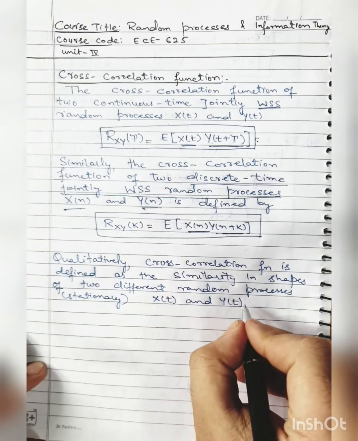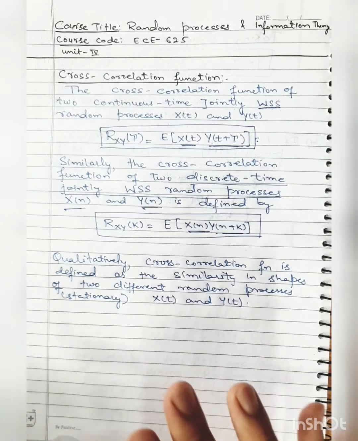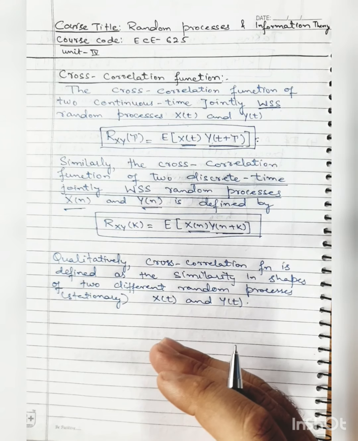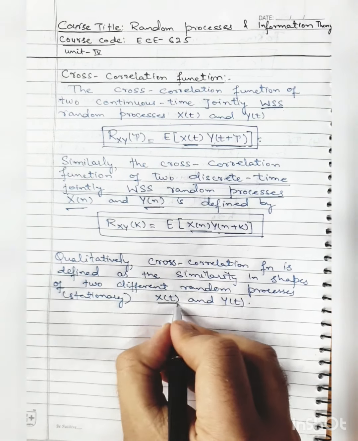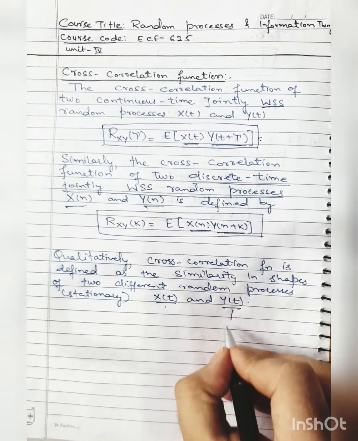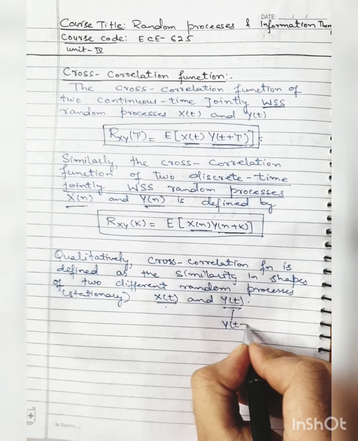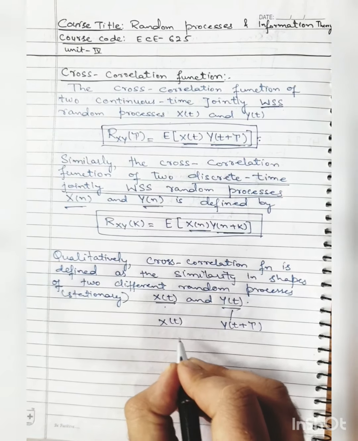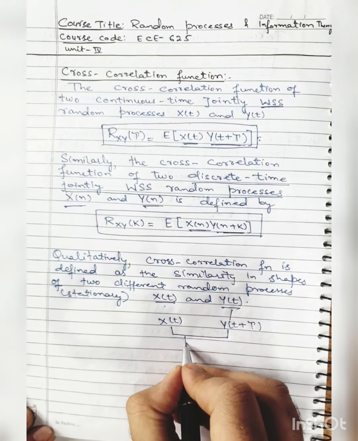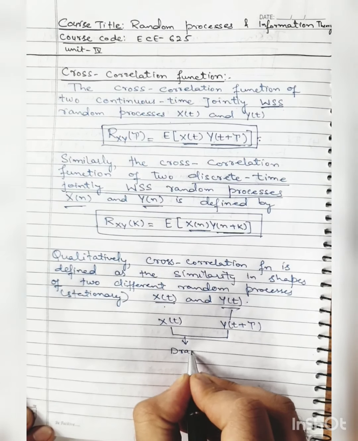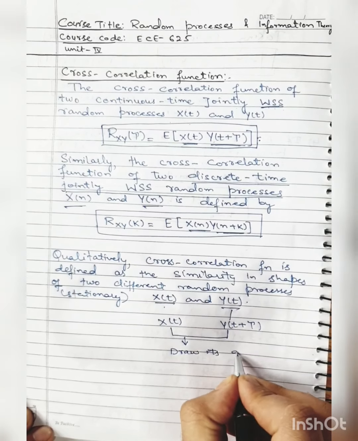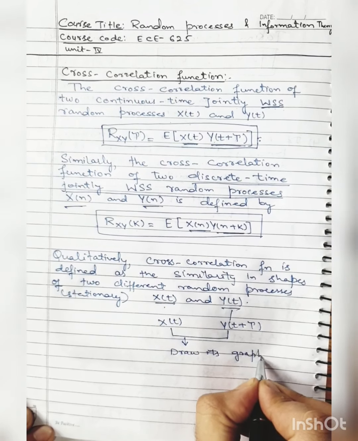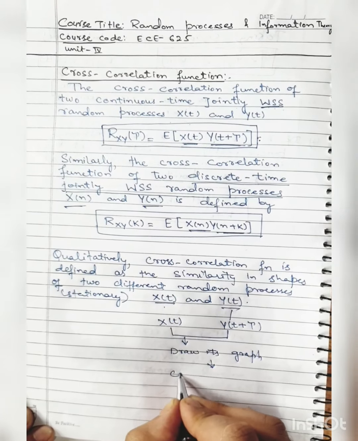So what you can say from here is that you just try to draw the shape of x of t and y of t plus some value, that means tau. Try to draw its shape, draw its graph, then compare.